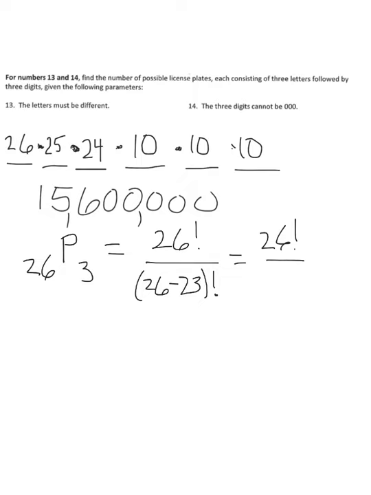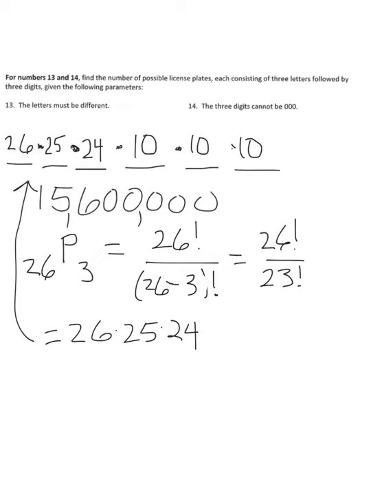Oh, whoops, I'm sorry, that's not supposed to be a 23. That's supposed to be just a 3, because it's N minus R. And that would give us 23 in the denominator. So now we see the 23 on down would cancel, and we'd be left with 26 times 25 times 24, as the 23 on down to 1 all cancel, and if you look, it's exactly the same as what we have up here.